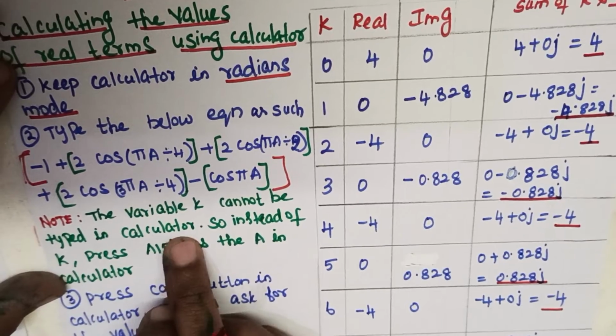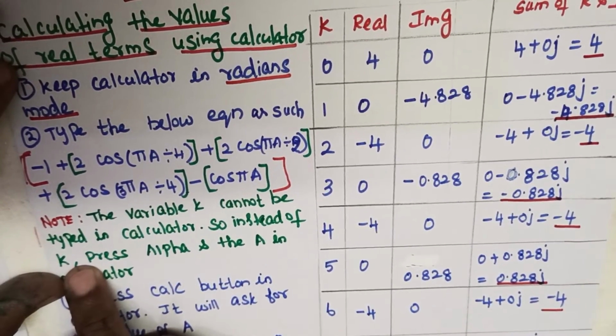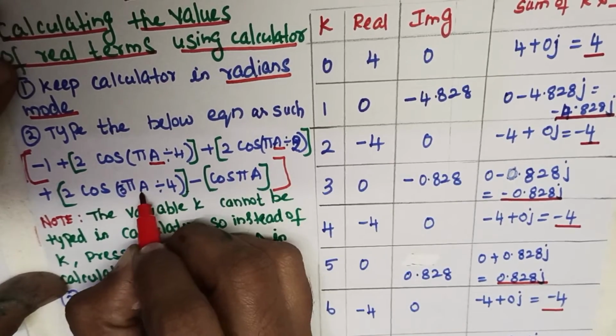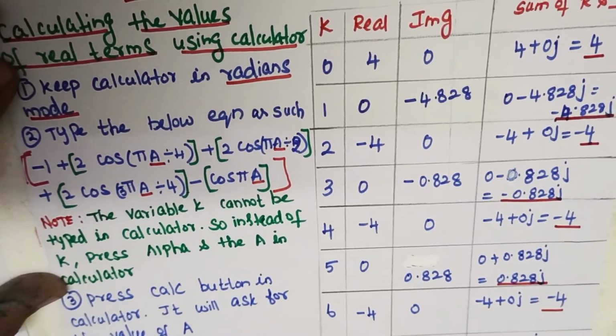So what we are doing is, instead of k, we are making use of the variable a in all the places of k.